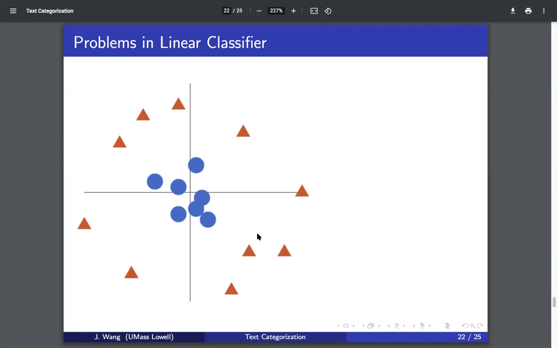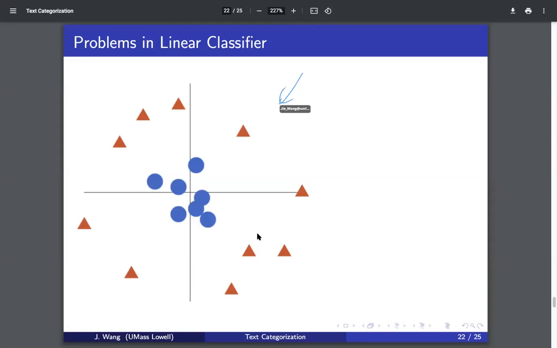So how do we do this? They came up with a very clever way. They try to raise certain points to a higher dimension. Under a higher dimension, it becomes separable. For instance, imagine this is on a surface.